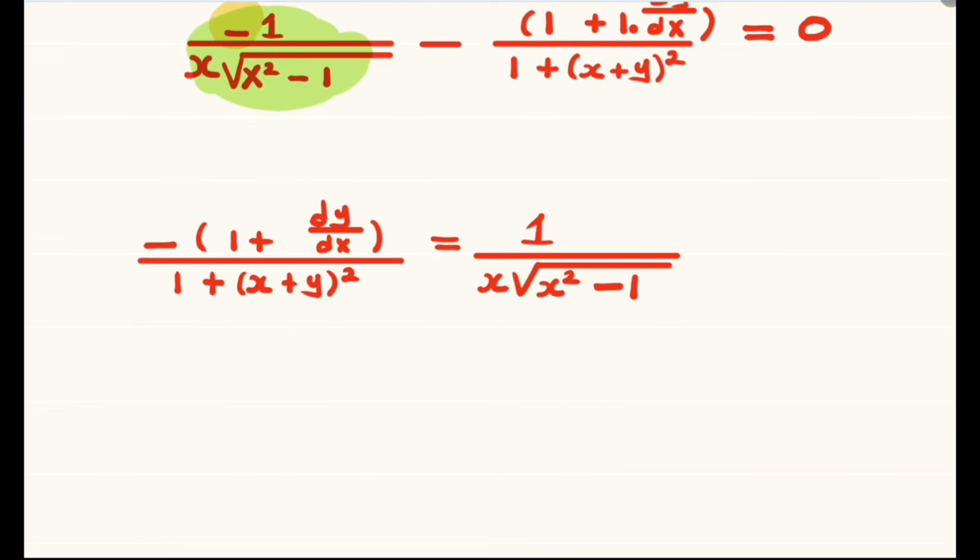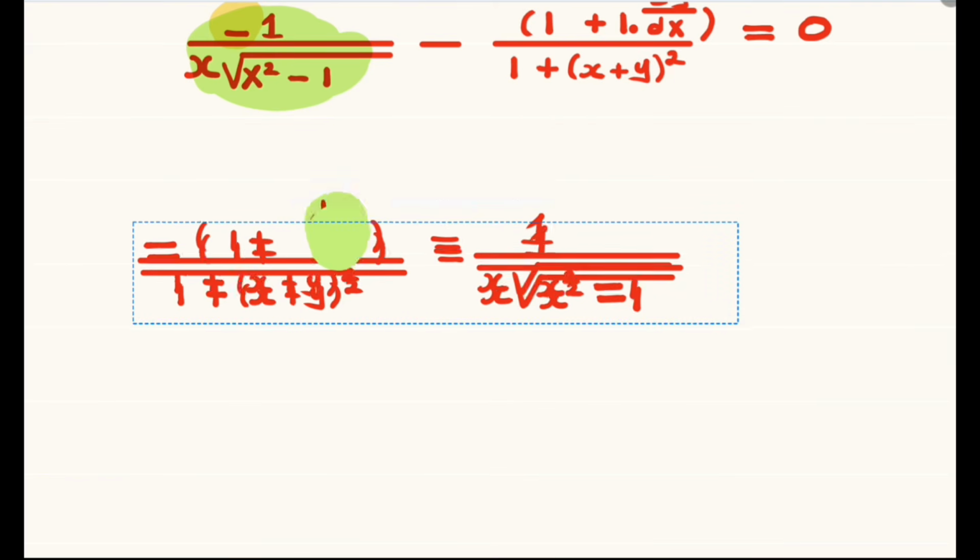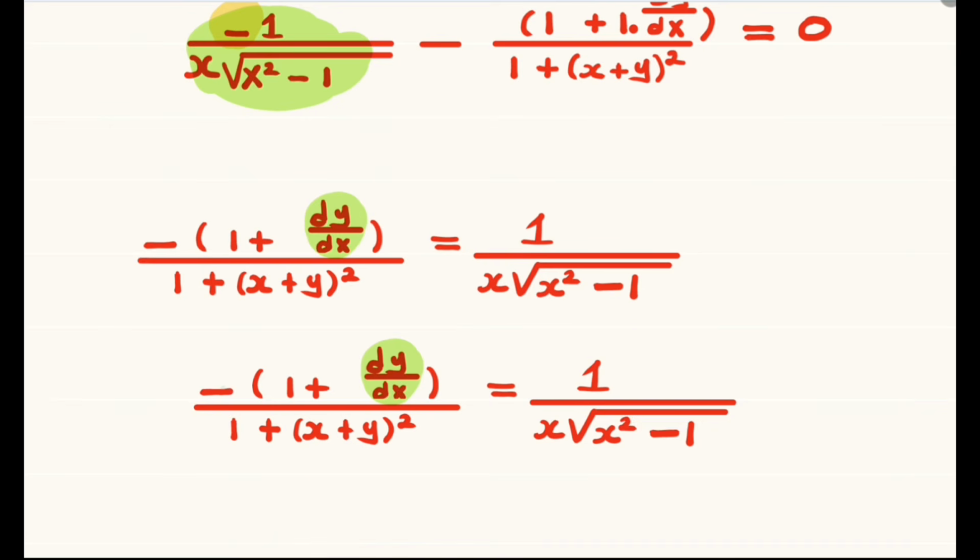Let's multiply both sides. We have to make dy over dx the subject of the formula. So we multiply both sides of the equation by negative, to remove that negative, negative 1 plus x plus y raised to the power 2.